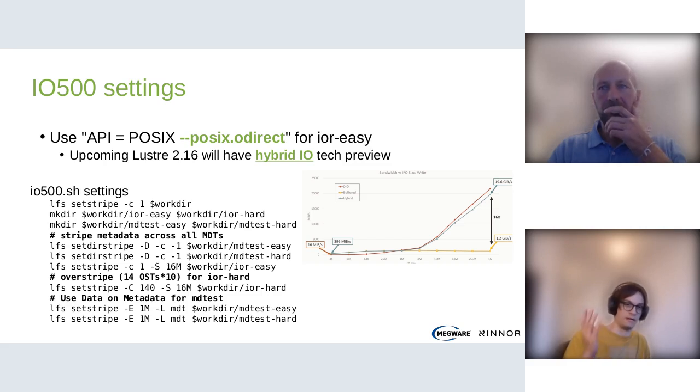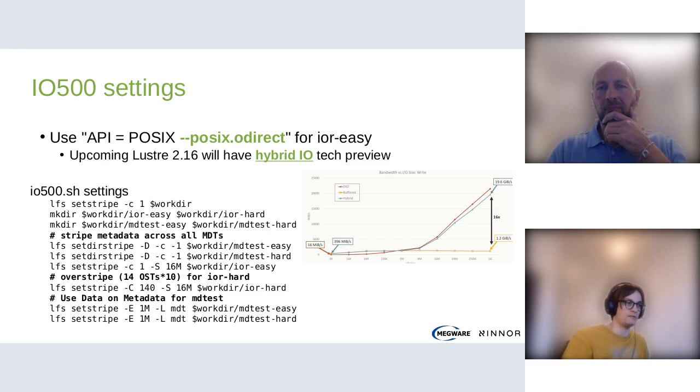So if you do something like a 4 megabyte block size, then Lustre can automatically switch in the background, without you noticing, to direct IO, which is then faster for bigger block sizes. So you wouldn't even need this POSIX or direct flag in Lustre 2.16.